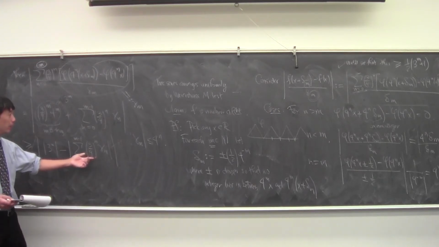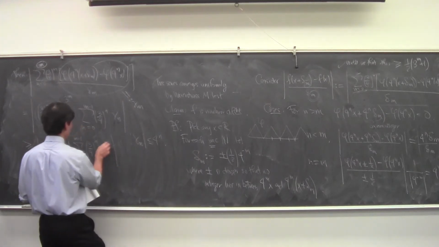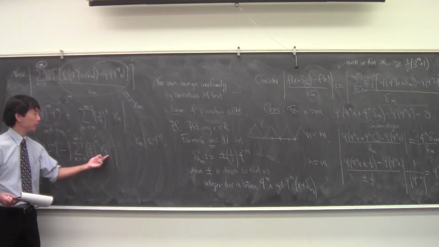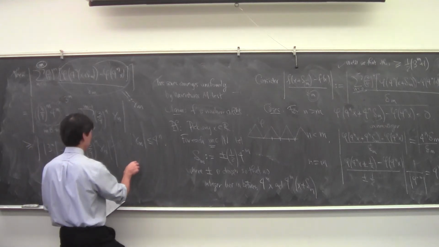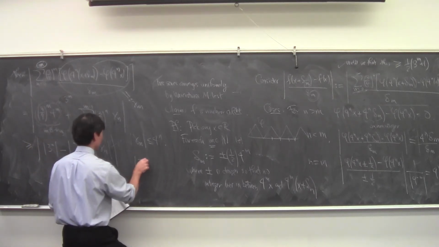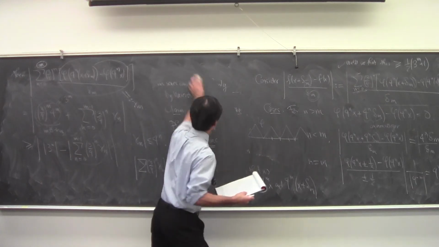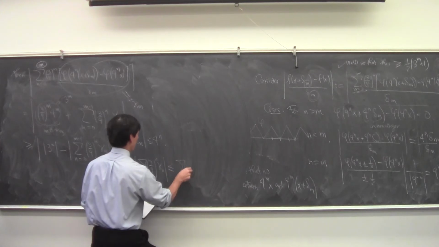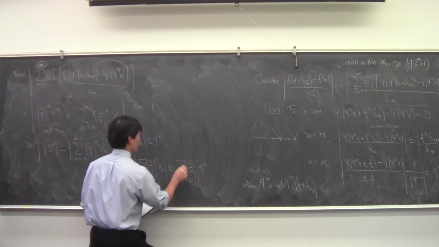Now, the biggest that this thing could be is if all these guys are 4 to the n. If I take all these guys to be 4 to the n, I see that the size of this thing, 3/4 to the n gamma sub n, is less than or equal to the summation of the absolute values, so 3/4 to the n times 4 to the n, from n equals 0 to m minus 1.